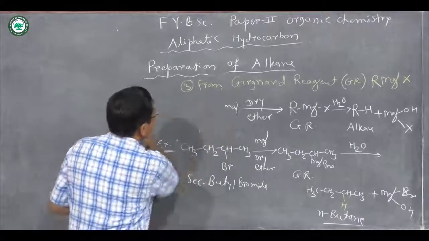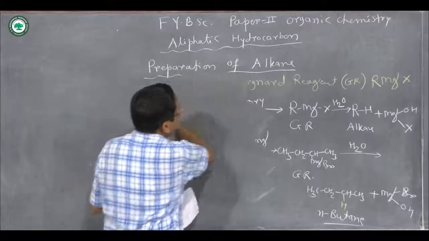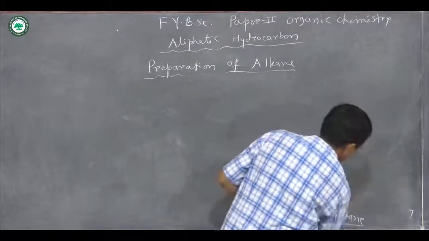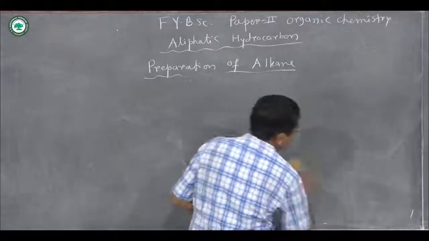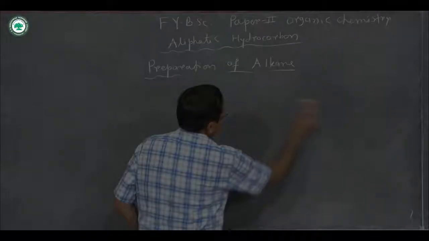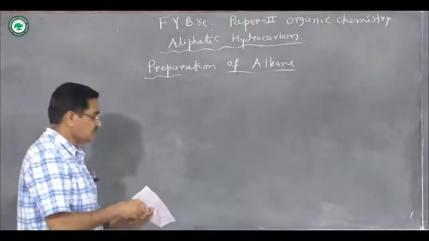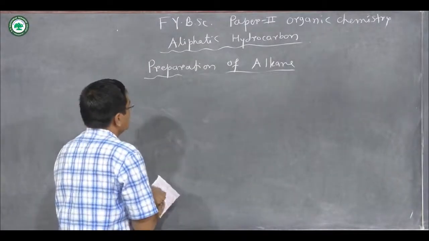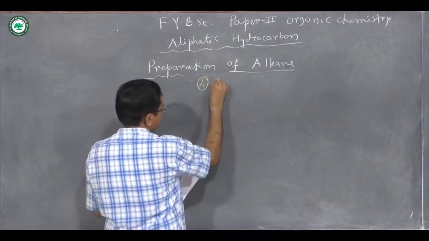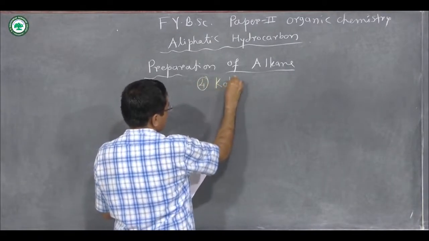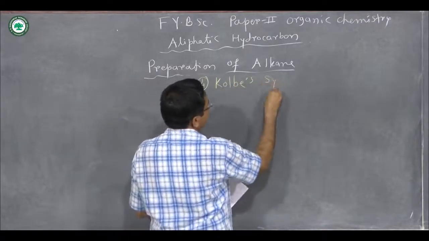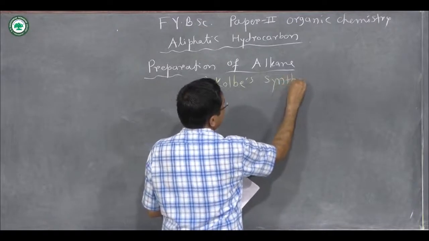Then next one, there are a total of 4 methods for the preparation of alkane. The last method is Kolbe's synthesis.